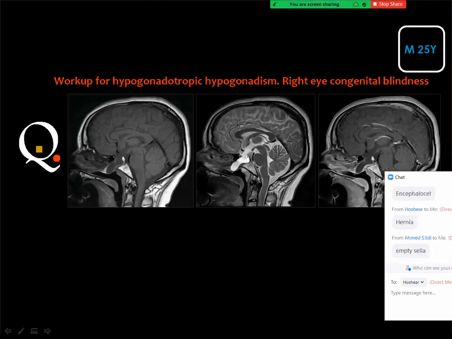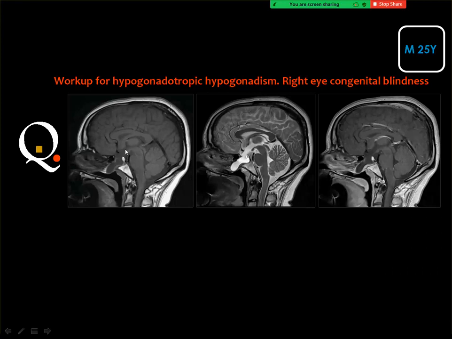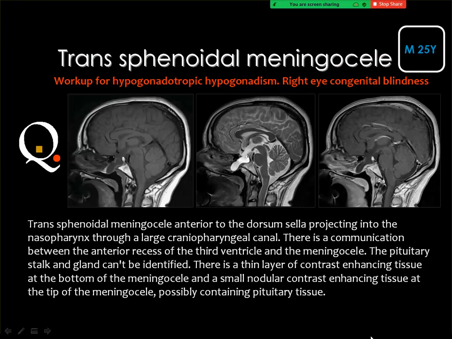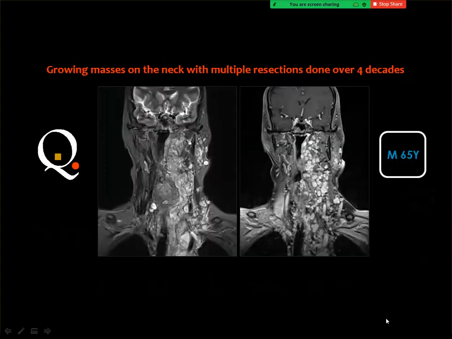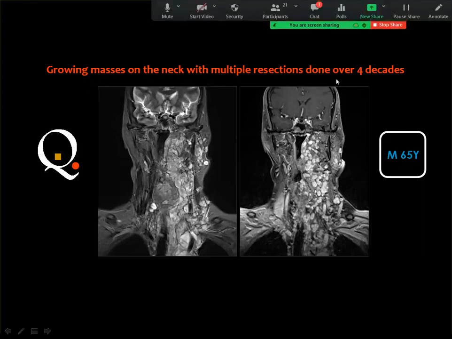This is encephalocele, and you see that there is herniation of the CSF through the sphenoid sinus or through the skull base. There is no significant enhancement, and this is trans-sphenoidal meningocele. If it contains some of the brain tissue, you may say that this is trans-sphenoidal encephalocele.